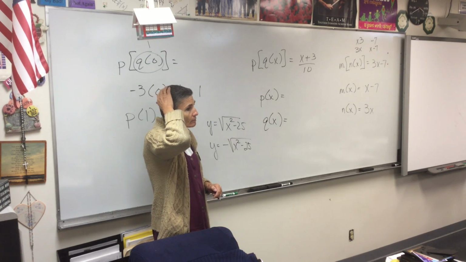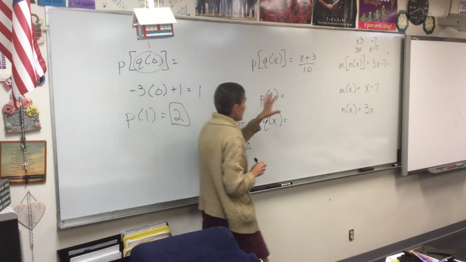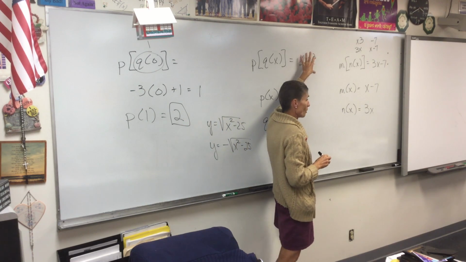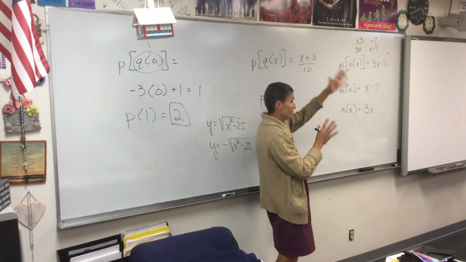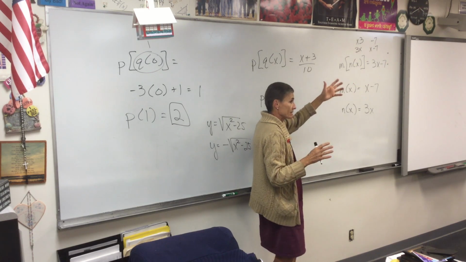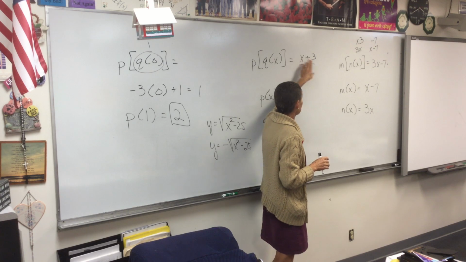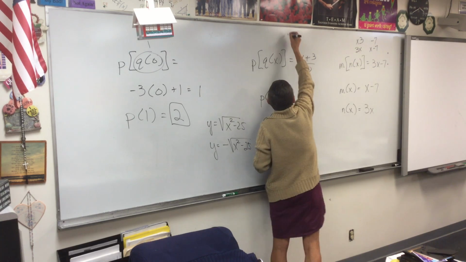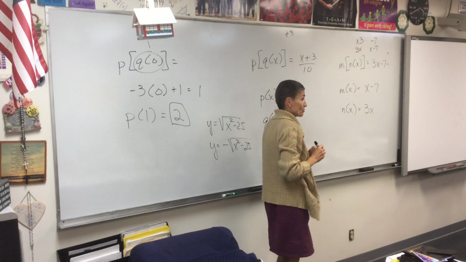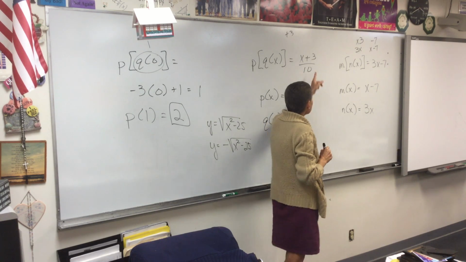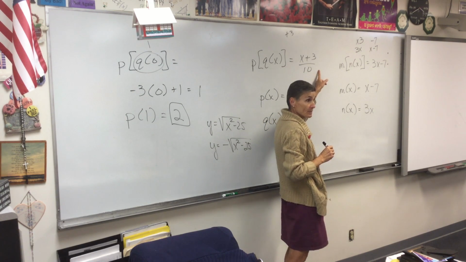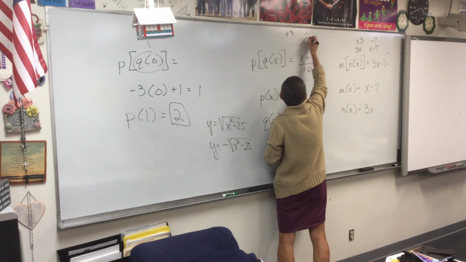P's and Q's. Now, tell me what happens in this problem if I put a number in, like -6. If I put -6 in here, what do I do to that number first? Add 3. So I need a function that adds 3 first. And then I need a function that divides by 10.